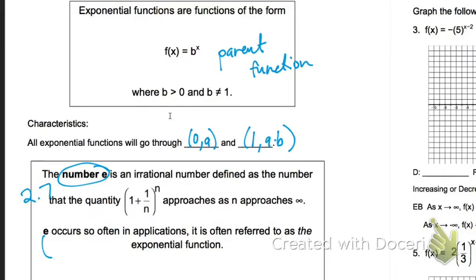Have y'all heard about compound interest and stuff like that? So business models and determining compound interest and things like that use the number e in order to solve for how much interest is accruing. So e is just a number, it's a constant, and it's about 2.7.